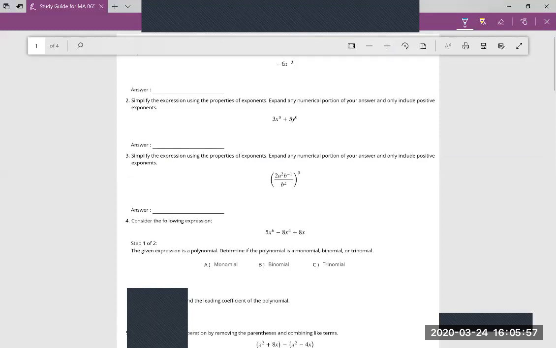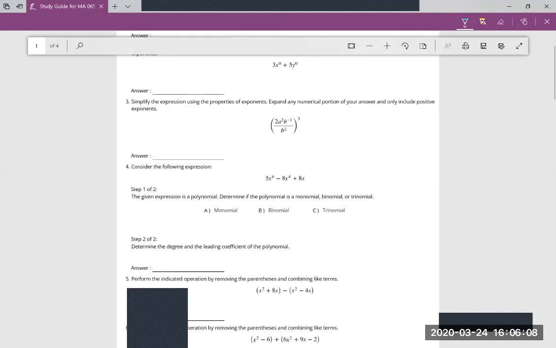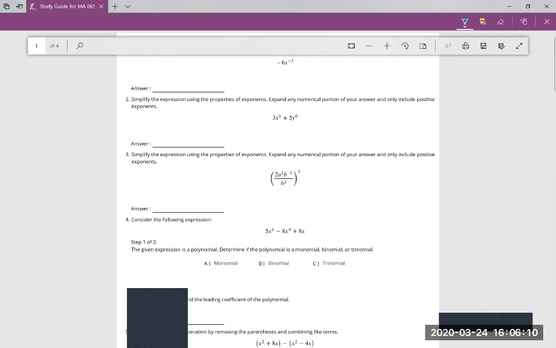I have this pulled up here on my screen, and the very first one, I can't see the instructions here, but it basically says to simplify this right here, negative 6x to the negative third power.